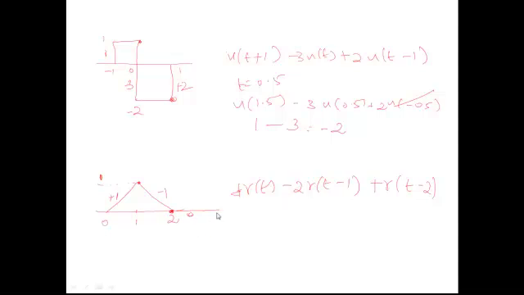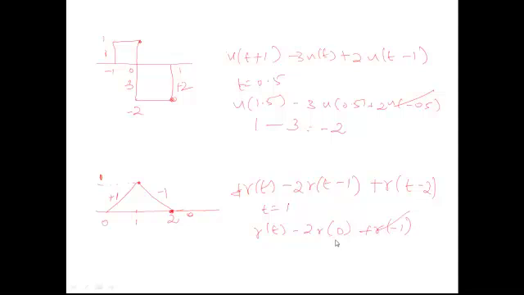Now if you want to validate your signal, let us say you want to find out what is happening at t equal to 1. You apply it in this equation. This becomes 2 times r of 1 minus 1, which is 0, plus r of 1 minus 2, which is r of minus 1. You know very well r of t is t for t greater than or equal to 0.